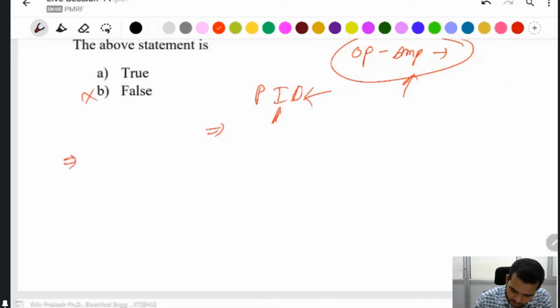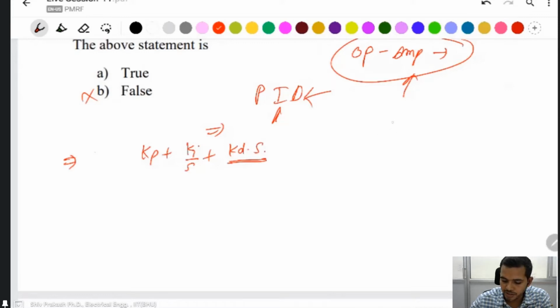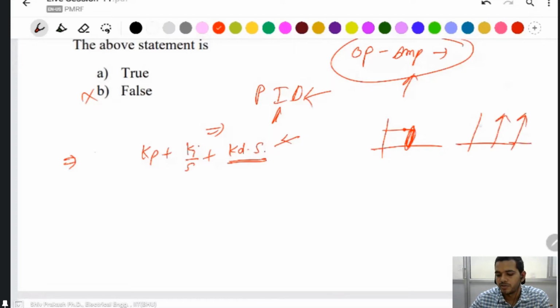You know, so Kp plus Ki by S plus Kd into S. Now if you have a noisy system like a step response, if you differentiate this system at the edges, this one is an impulse. This impulse is a very high impulse attack on the system.